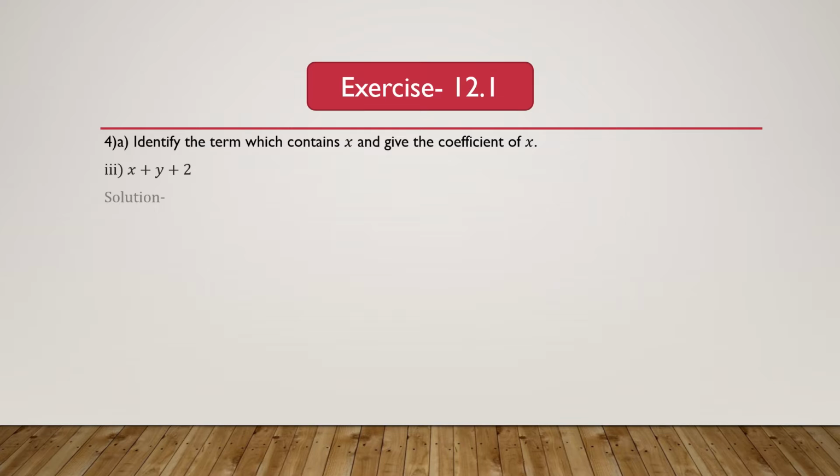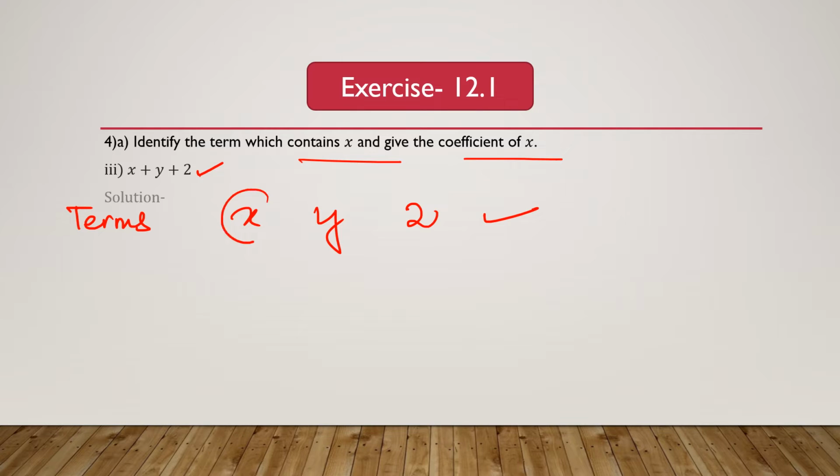Now the third bit, x plus y plus 2. We have to identify the term which contains x and find the coefficient of x. So the terms are x, y and 2. These are the terms of the expression x plus y plus 2, and the term which contains x is x.